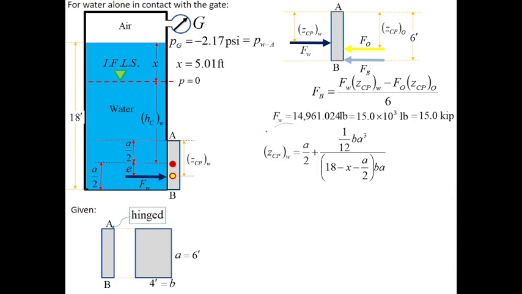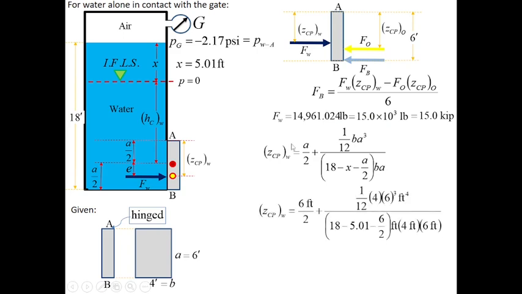Okay? So then, we ended up here. So we will now determine ZCPW. So to determine ZCPW, since this is A, that is 6 feet, okay, over 2 plus 1 over 12, B is 4, okay, and then A is 6, so 4, 6 cubed. So this is 4 feet, 6 feet.